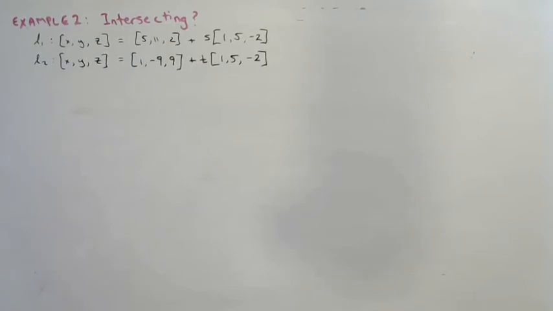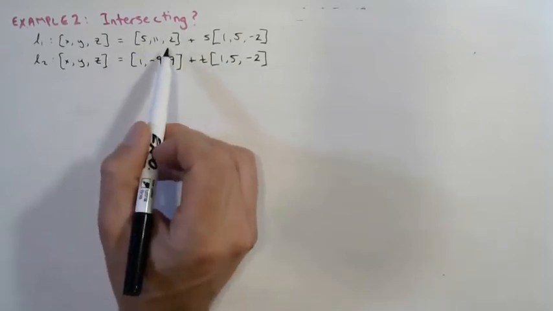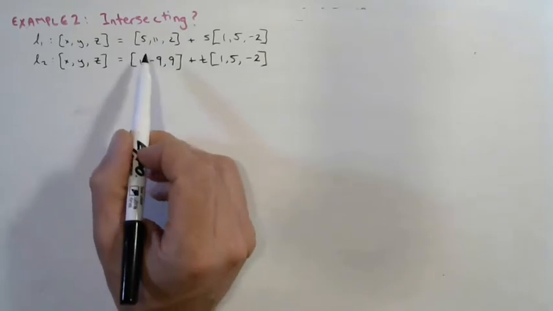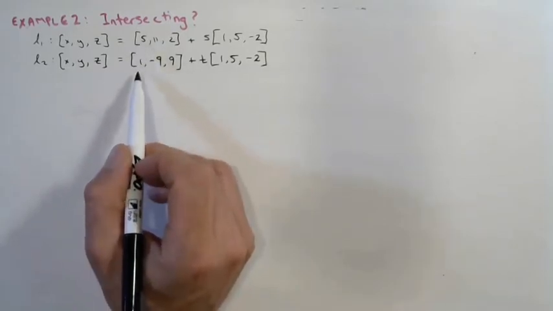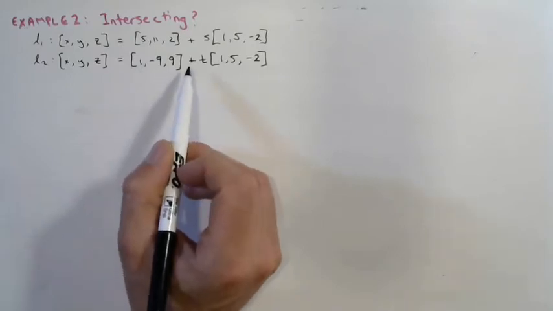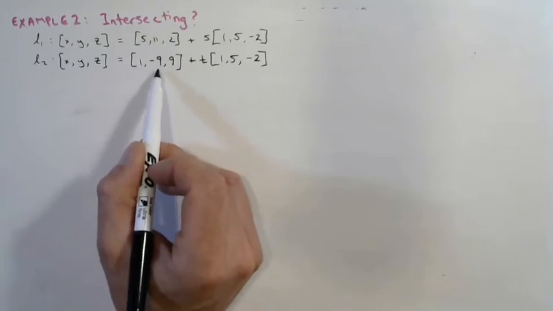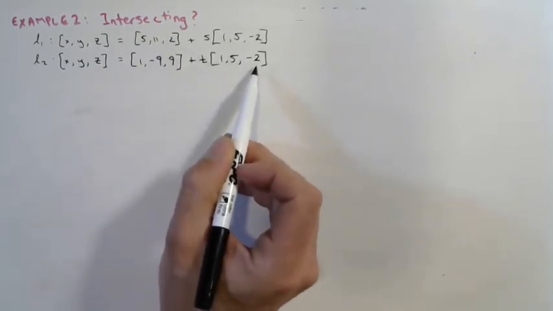So if the lines are coincident, then the coordinates from line 1 will lie on line 2. So the x from line 1 will be equal to 1 plus t times 1, at the same time as 11 will be equal to negative 9 plus t times 5, and 2 will be equal to 9 plus t times negative 2.